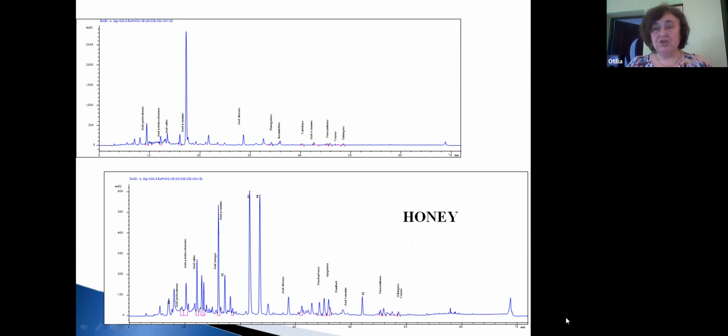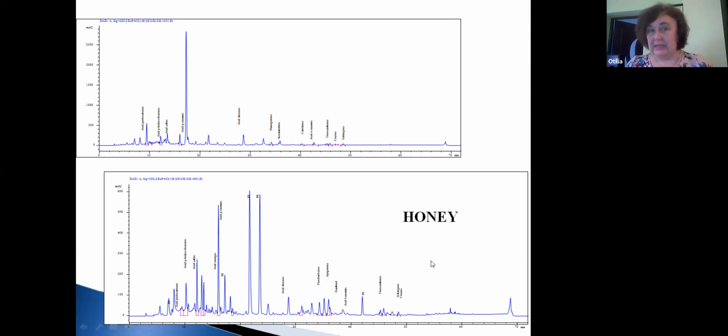When we talk about each of the bee products, let's start with honey. I say that polyphenols are the main substances responsible for the biological activity that we all know. Using different modern techniques like high-performance liquid chromatography, we were able to detect and quantify in honey different polyphenolic types, like phenolic acids, as you can see, caffeic acid, p-coumaric acid, ferulic acid, p-hydroxybenzoic acid, and different flavonoids as aglycones, like apigenin, kaempferol, chrysin, sometimes quercetin.